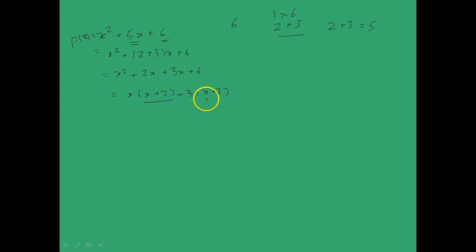Now taking x plus 2 common from these two terms, we get (x plus 2) into (x plus 3). And so p(x), which is given by x square plus 5x plus 6, can be factorized as (x plus 2) into (x plus 3). We had, remember, proved that x plus 2 is a factor of p(x) while we were discussing the factor theorem.